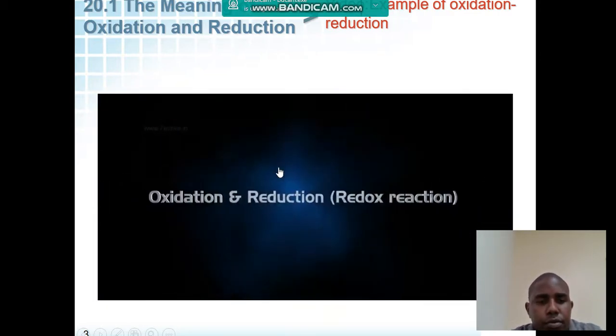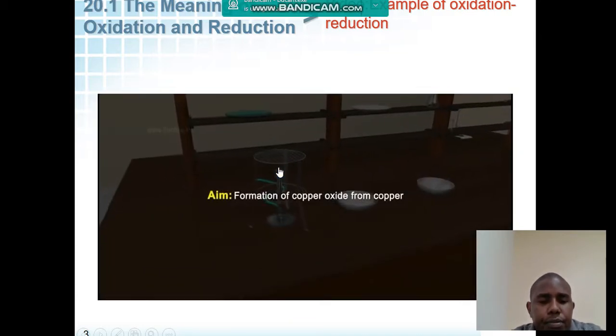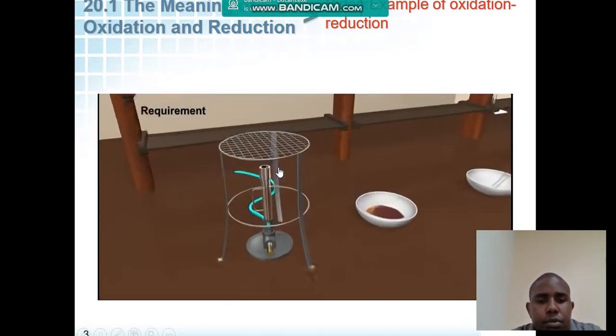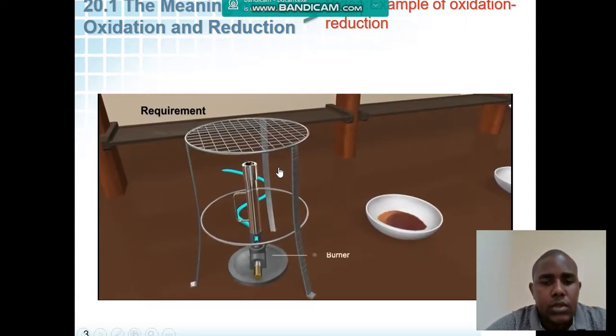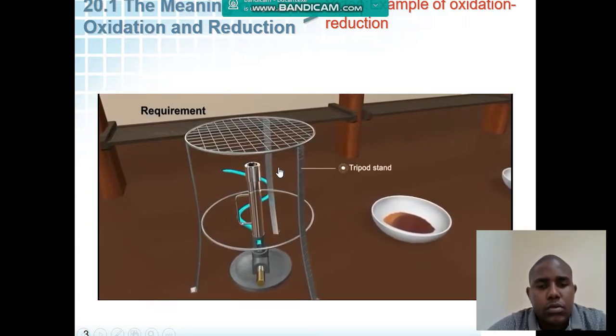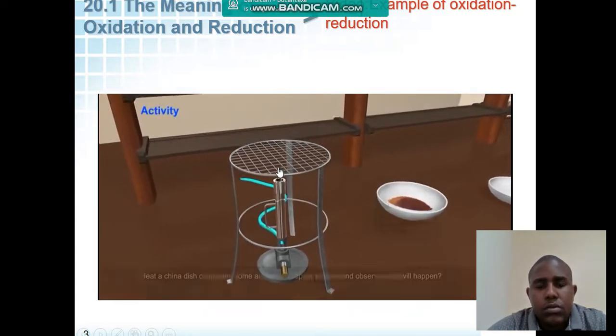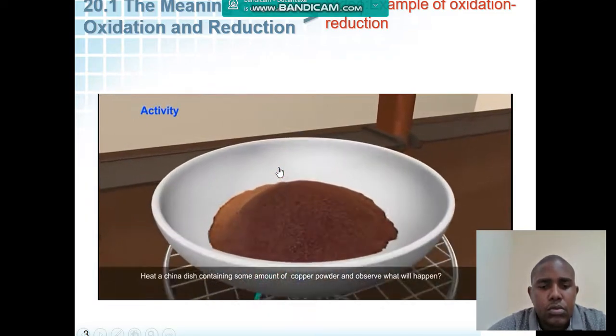Oxidation and reduction. Redox reaction. Aim: formation of copper oxide from copper. Requirement: china dish, copper powder, burner, tripod stand and wire gauze. Activity: heat a china dish containing some amount of copper powder and observe what will happen.